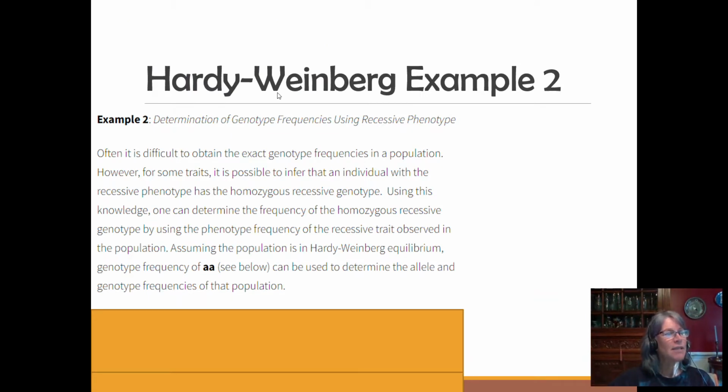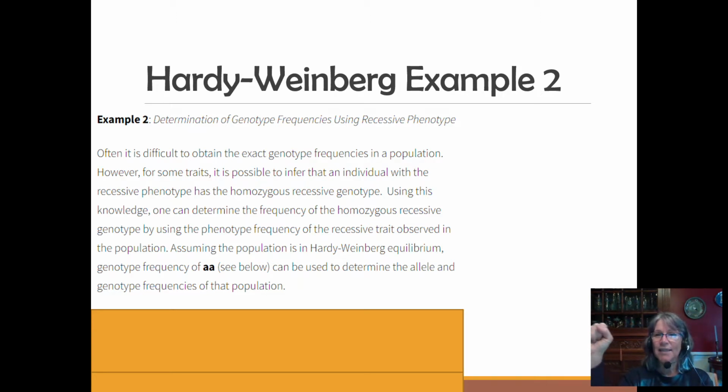All right, here's another example where we're going to use genotype frequencies for our calculations. So we're looking at the number of individuals with certain genotypes, but we're going to look at the recessive phenotype for this.